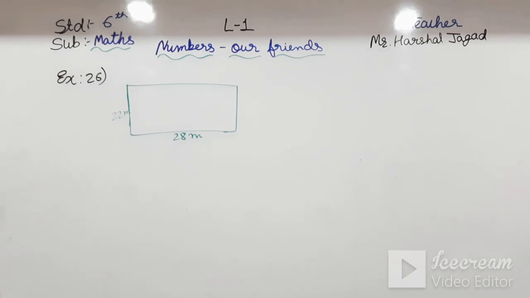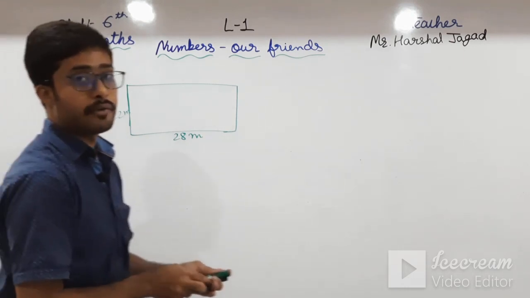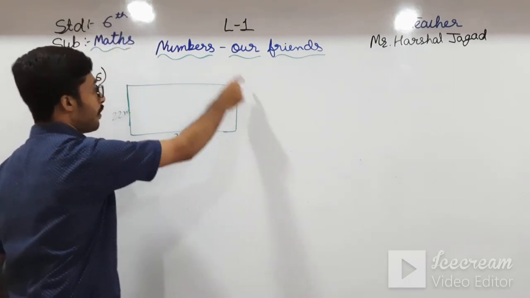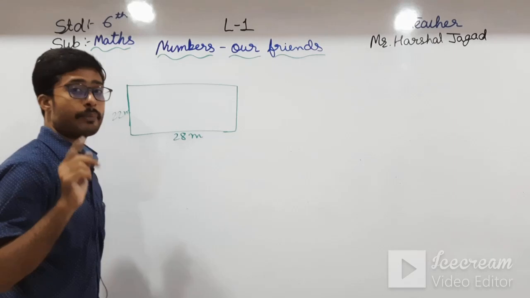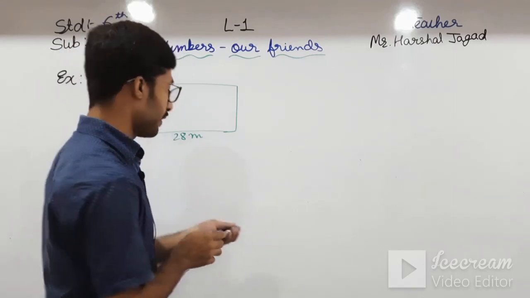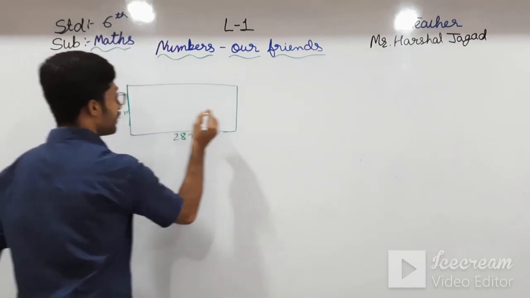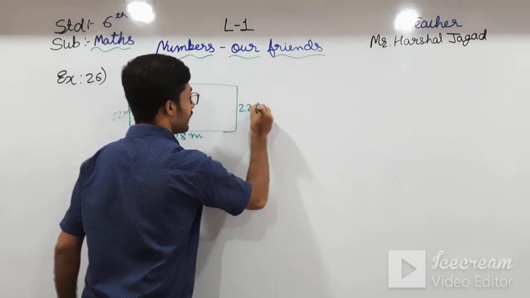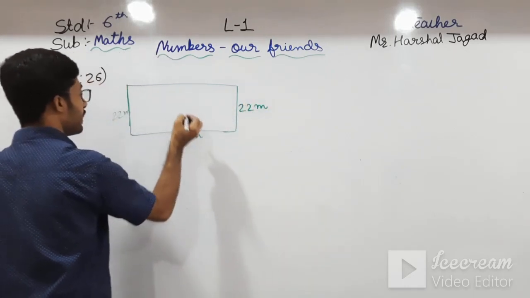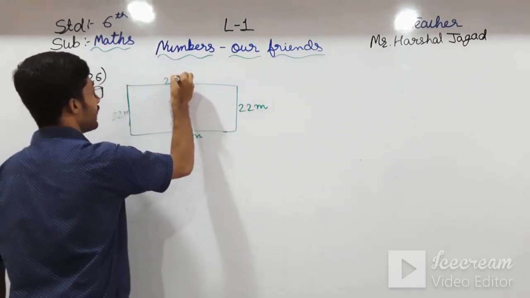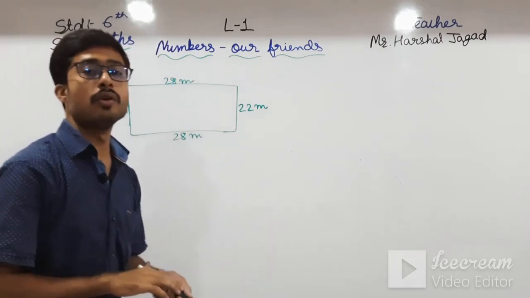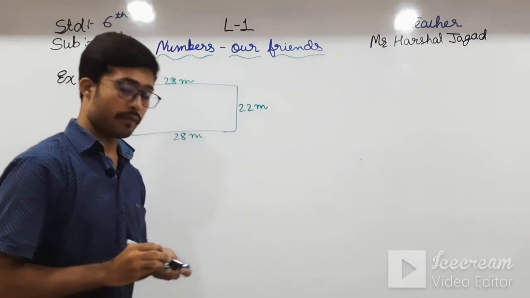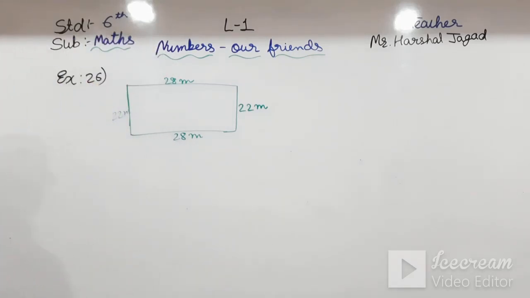So what you have to do students is, there is a wire given, you have to round that rectangle 3 times. So first you have to find the perimeter of the rectangle. So here it is 22, then here also it is 22 meter, here is 28, then here is also 28 meter. So for perimeter you have to add all the sides of the rectangle.